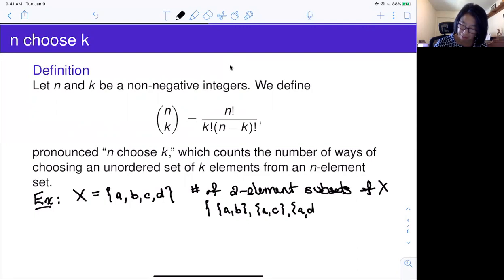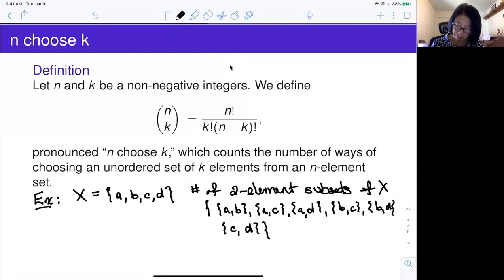Those are all the sets containing A, and BC and BD. Now all the 2-element sets containing B are written down, and then CD. So there are 1, 2, 3, 4, 5, 6 sets.